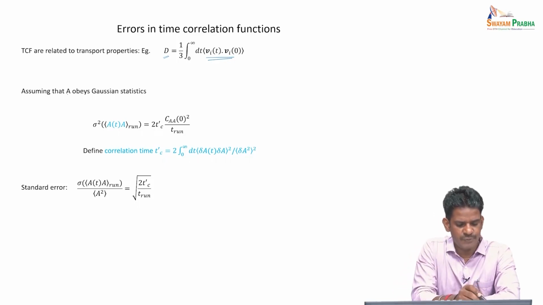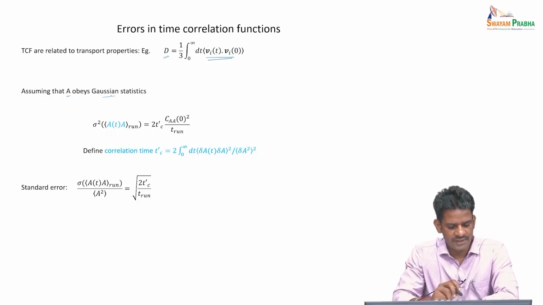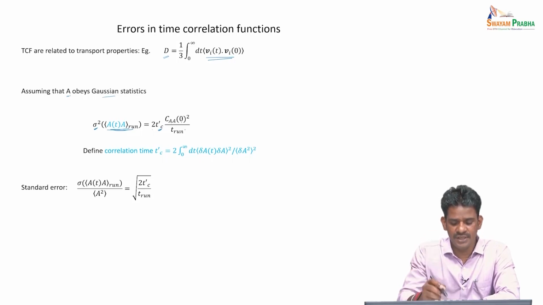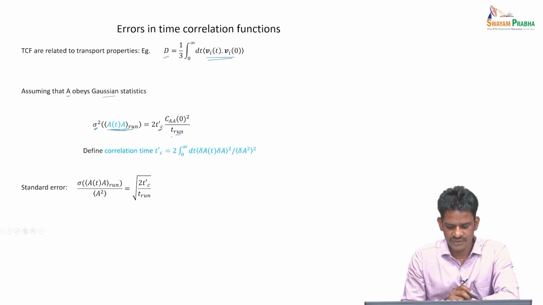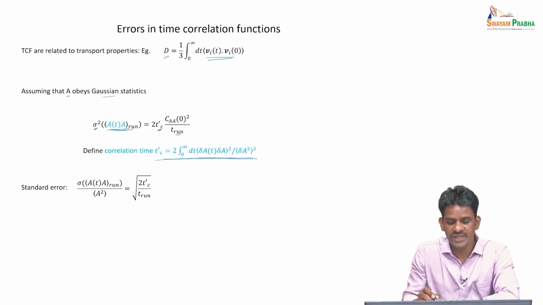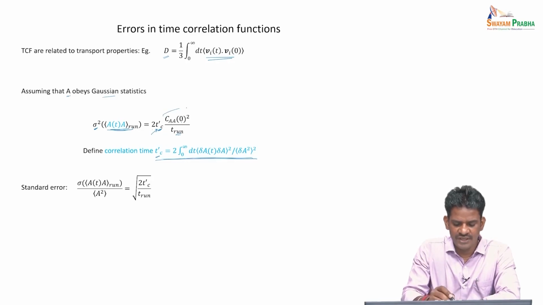Here we assume that the property A again follows Gaussian statistics, which we have already proved, and then one can show that the error in the autocorrelation function is again given by 2 times the autocorrelation time, at t equal to 0, that is at the beginning, divided by the length of the simulation, where this autocorrelation function is defined based on the fluctuation in A. Once we get the autocorrelation time and use it here, we can easily estimate the autocorrelation function at t equal to 0.